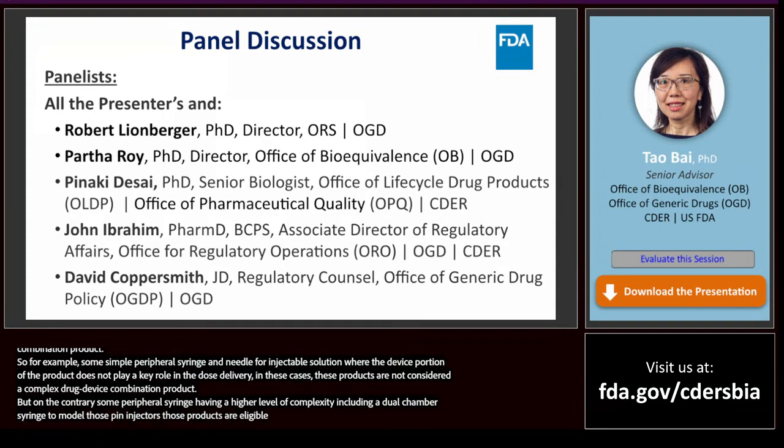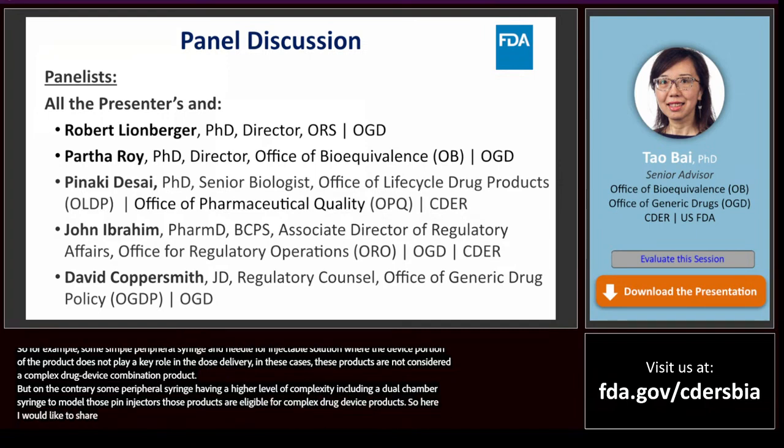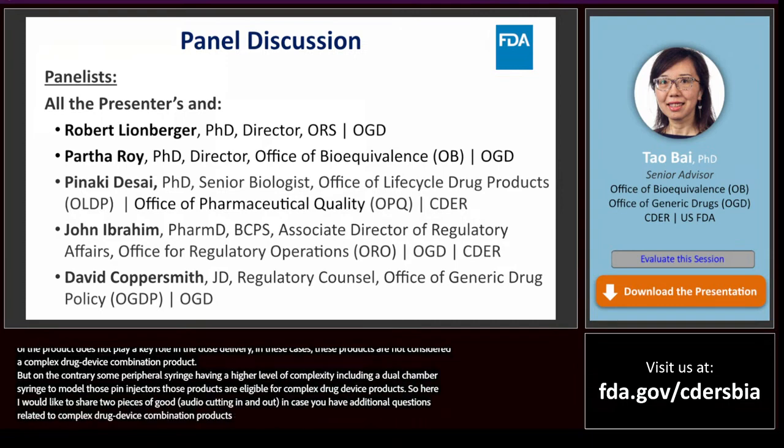So here I'd like to share two good reference documents with you in case you have additional questions related to complex drug device combination products or in general complex products.